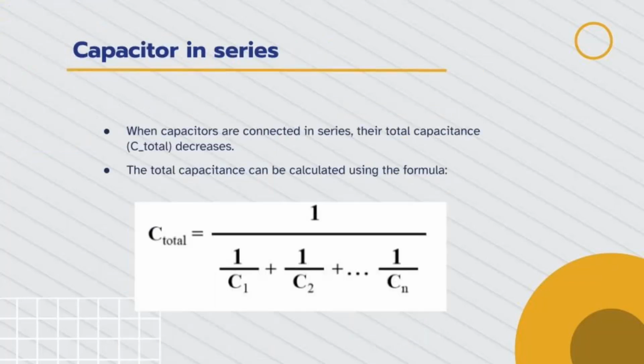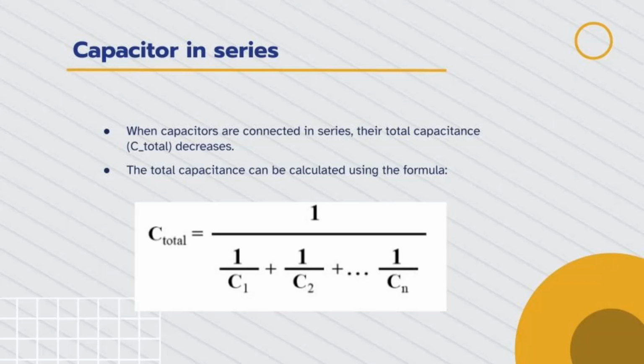In electronics, capacitors are often connected in different configurations to achieve desired circuit characteristics. Now, let's explore capacitors in series. When capacitors are connected in series, their total capacitance decreases. This means that the combined effect of multiple capacitors in series is less than that of any individual capacitor.